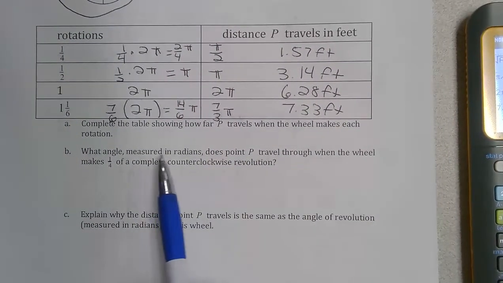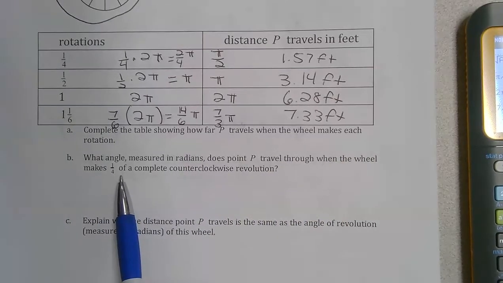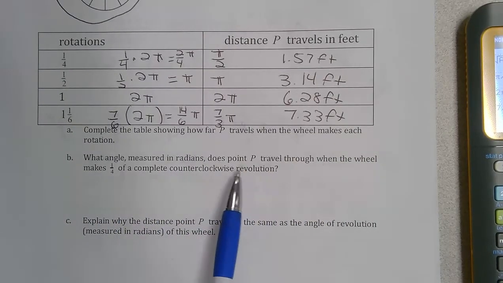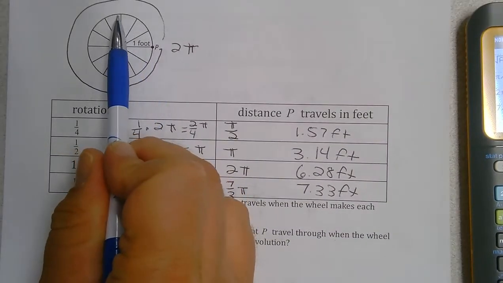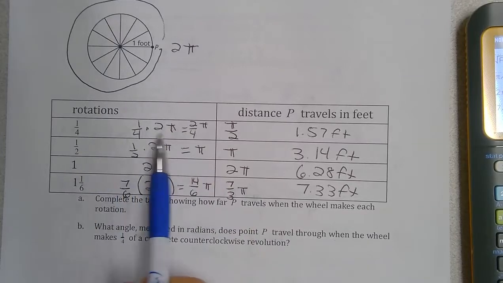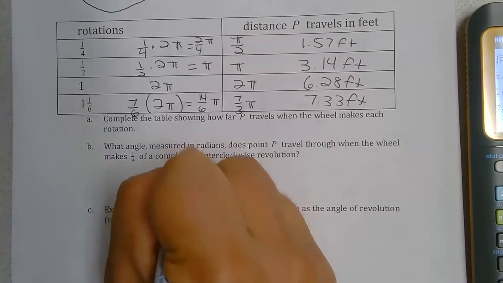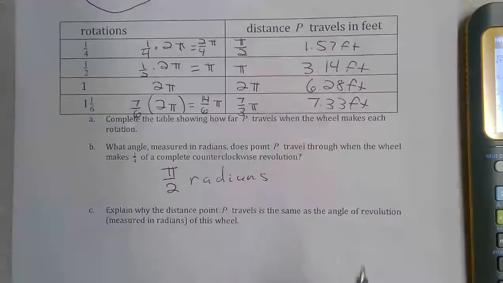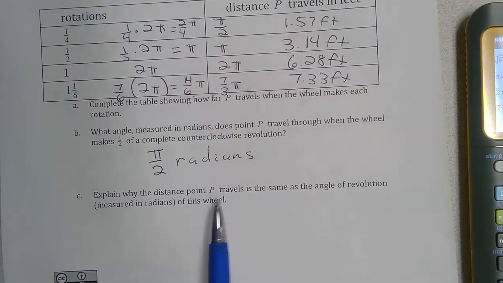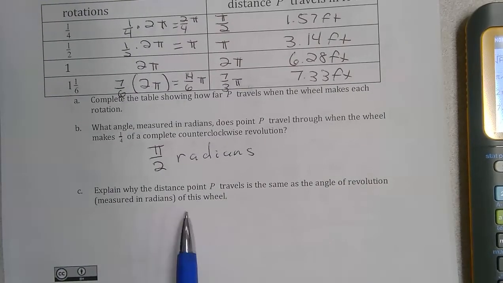So what angle measured in radians does P travel through to make 1/4 of a complete counterclockwise rotation? So that would be right here, which again, 1/4 of a rotation is pi over 2. So now explain why the distance P travels is the same as the angle of revolution.